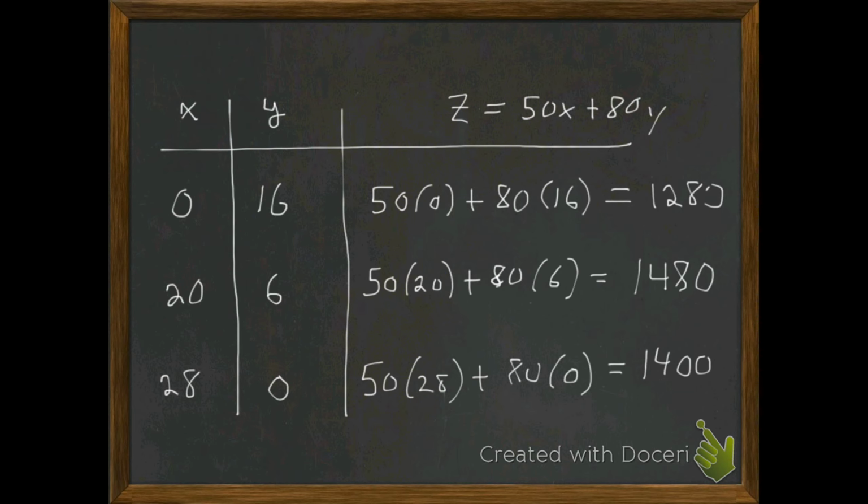Okay, so clearly the biggest number, and again we're trying to maximize here, so we're looking for the biggest number, occurs at 1480, okay? And that occurs when we have 20 standard tenths and we have 6 expedition tenths.